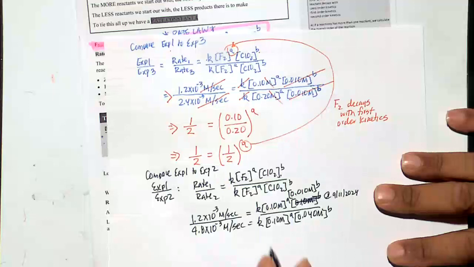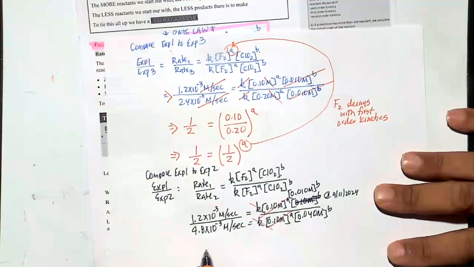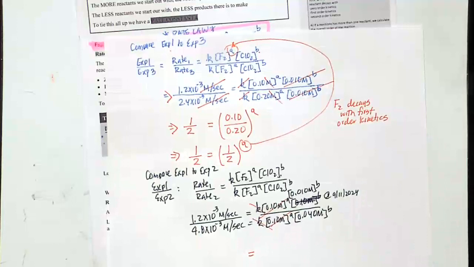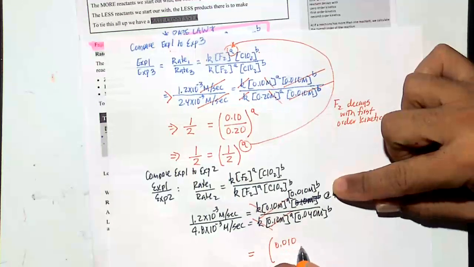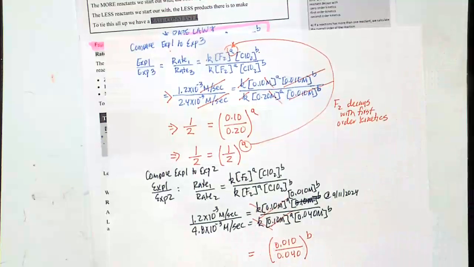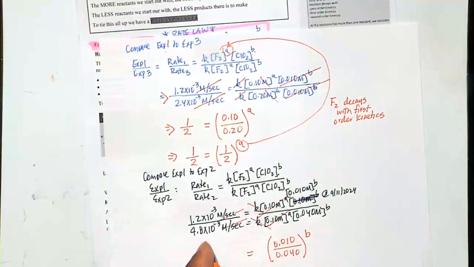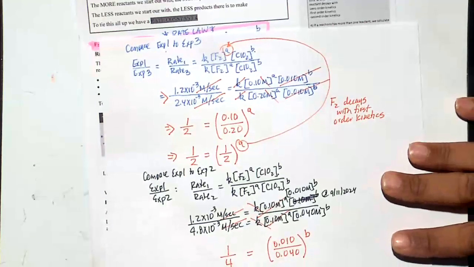All right, 0.10 to the power of A cancels out with 0.10 to the power of A. The K's cancel. 0.010 divided by 0.040, I'm going to push that bracket outward, to the power of B. What's 1.2 times 10 to the minus 3 divided by 4.8 times 10 to the minus 3? It's 1/4.